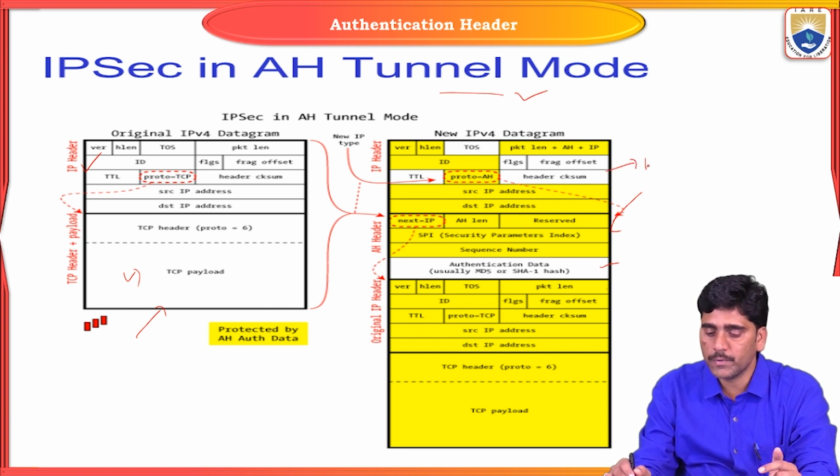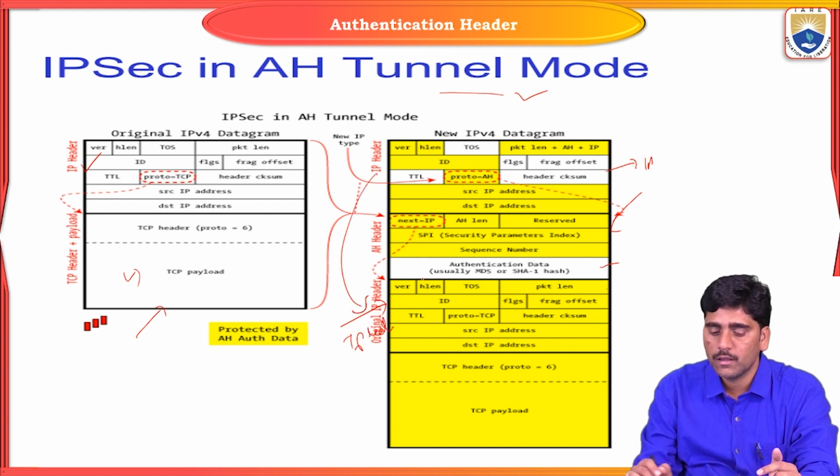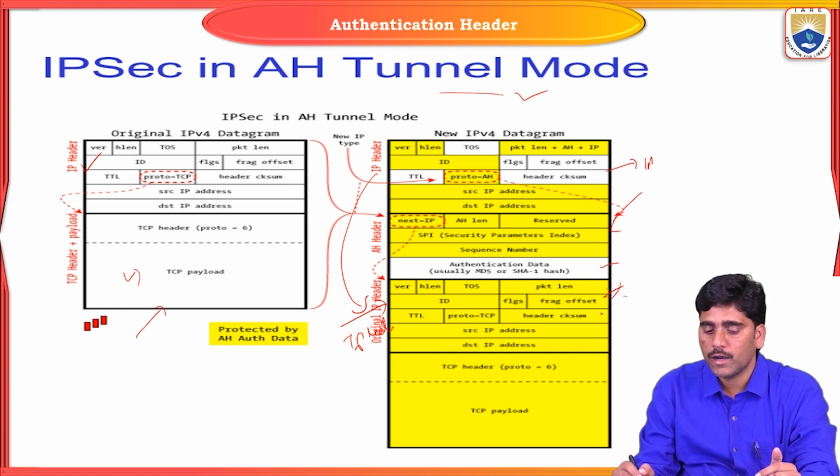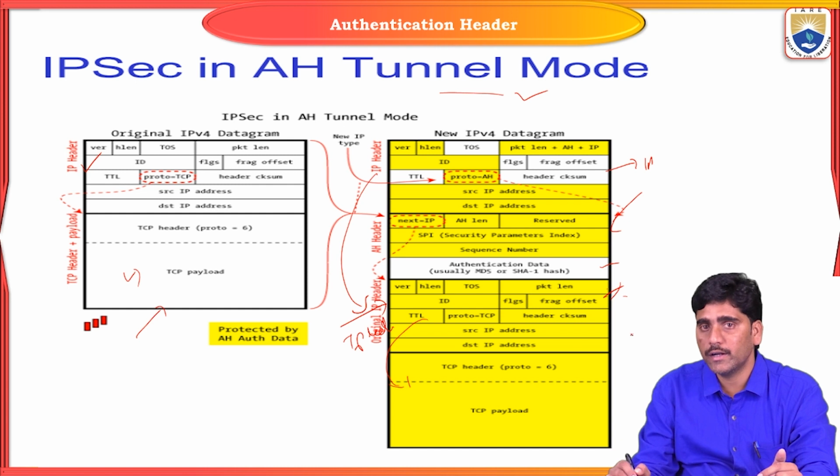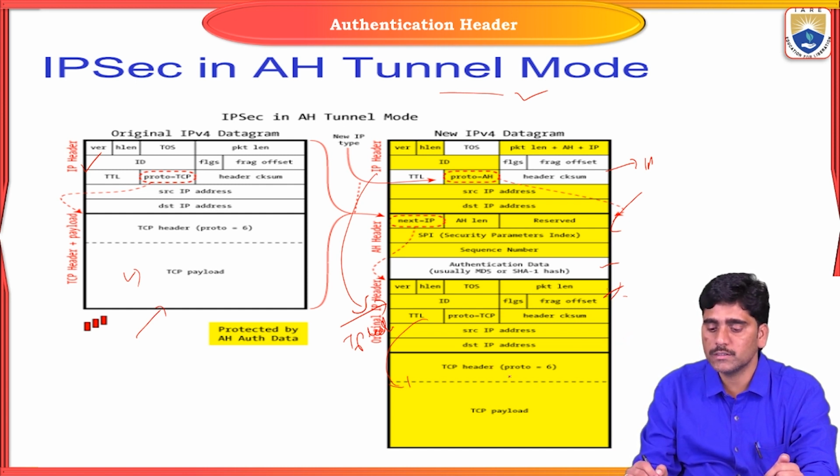So this is one IP header, and here also one IP header. That means the IP header remains a second time, in the authentication header. From the authentication header onwards, it moves forward to the next header, that is the TCP header.